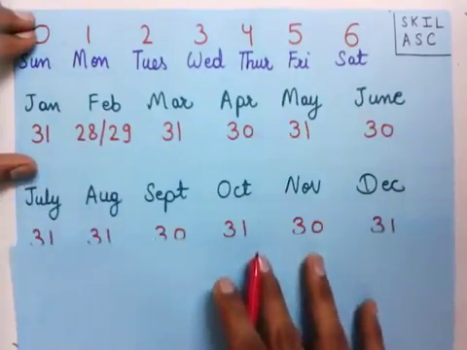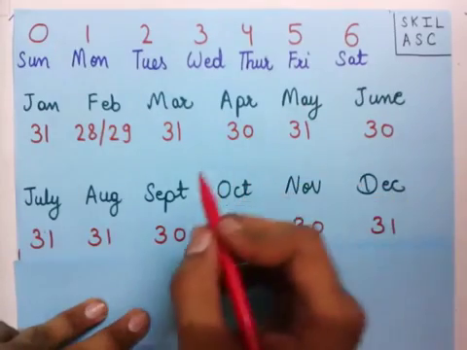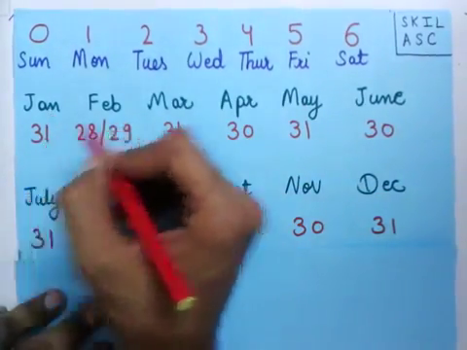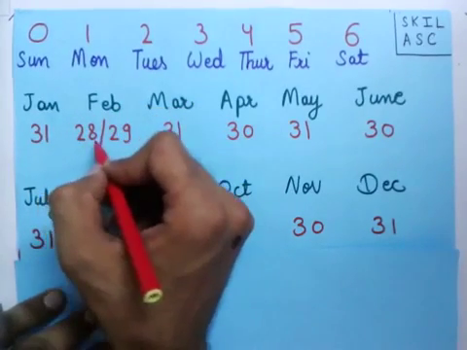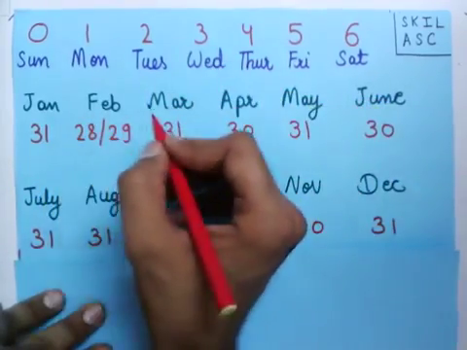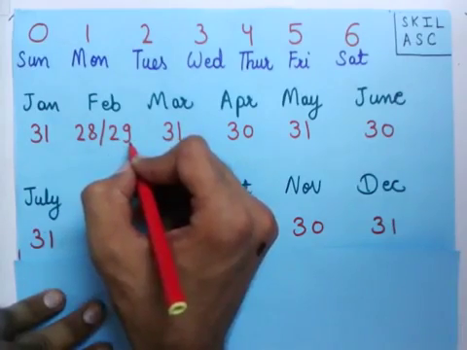Now you must also remember the number of days in every month. January has 31 days, and February has 28 days if the year is an ordinary year. If the year is a leap year, February will have 29 days.